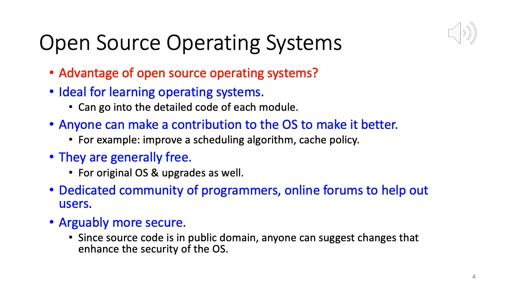They can see the code, and therefore they can suggest changes. Because more people have access to it, the likelihood of finding security issues is definitely more. Whereas in closed source, let's say only people working at Microsoft will have access to the source code. So arguably, open source would be more secure.